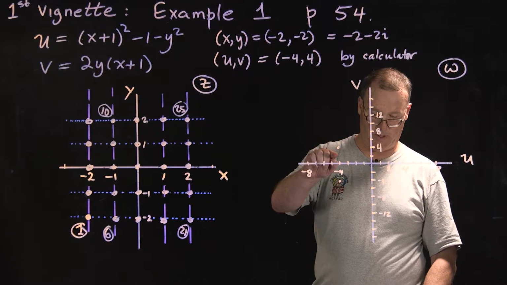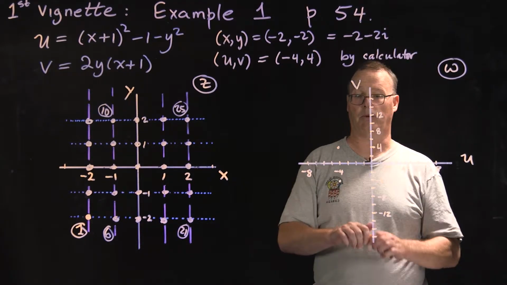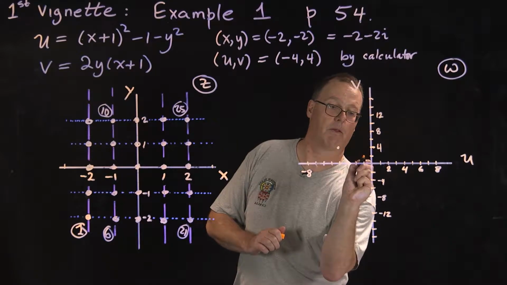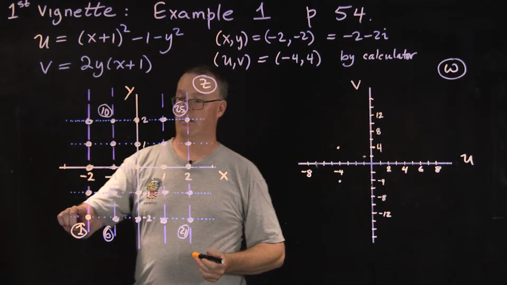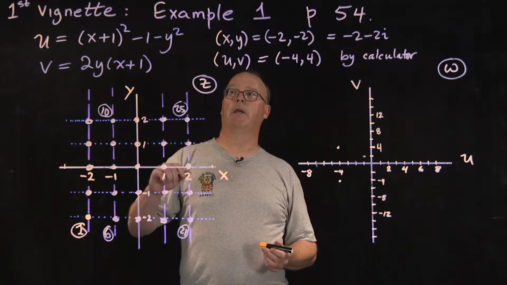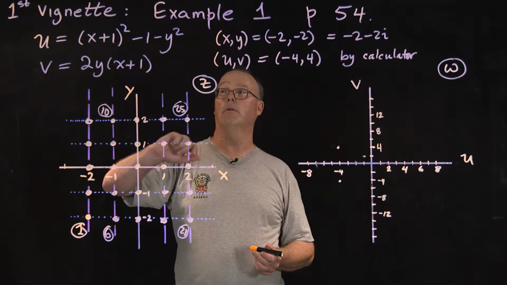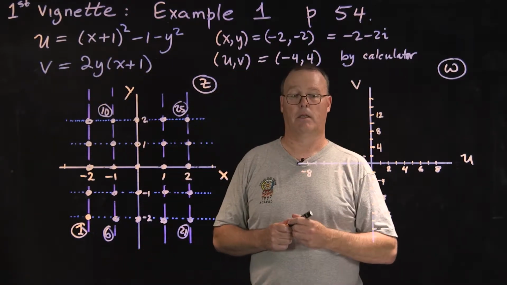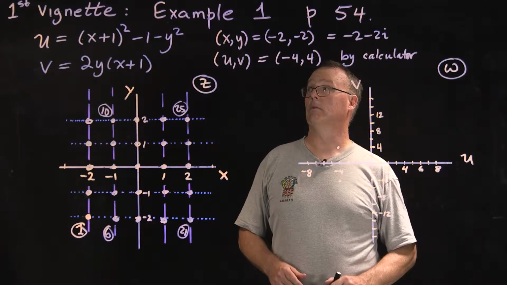Point number 2 goes to -1 and 2. So -1 and 2 is here. So we've done this one and this one. Now let's do this one. When we plug in x equals -2 and y equals 0, we get the point 0 and 0.